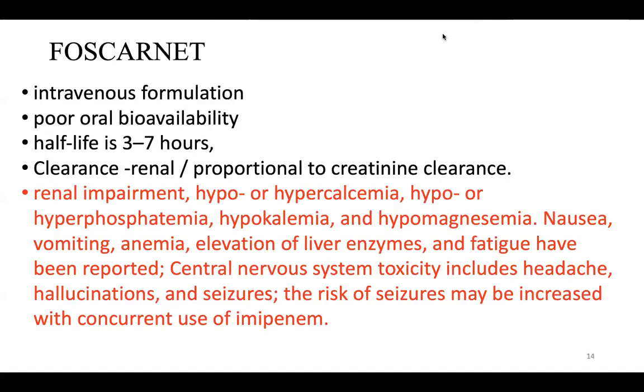Foscarnet, phosphonoformic acid, is an inorganic phosphate analog that inhibits herpesvirus DNA polymerase, RNA polymerase, and HIV reverse transcriptase directly without requiring activation by phosphorylation.